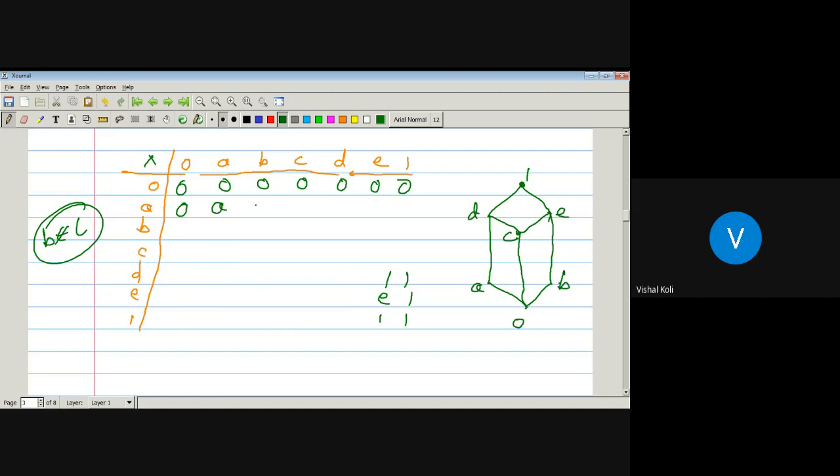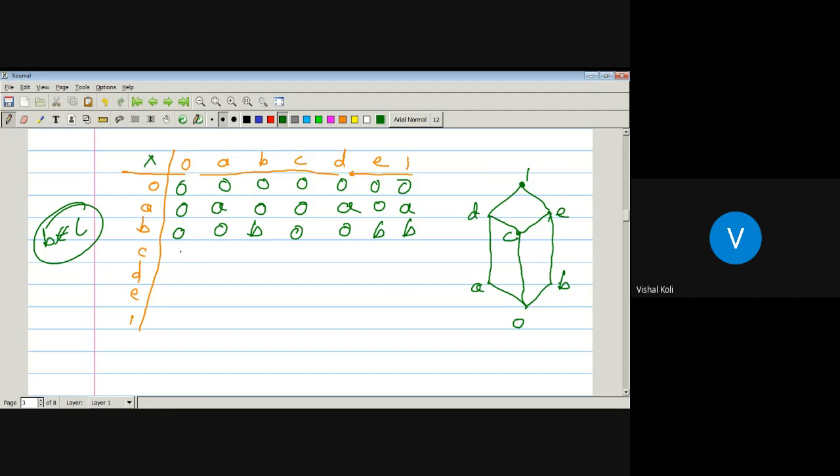Which is 0. A and C? Again 0. A and D? A. A and E? 0. A and 1? A. B and 0, 0. B and A, 0. B and B, B. B and C, 0. B and D, 0. B and E, B. B and 1, B.